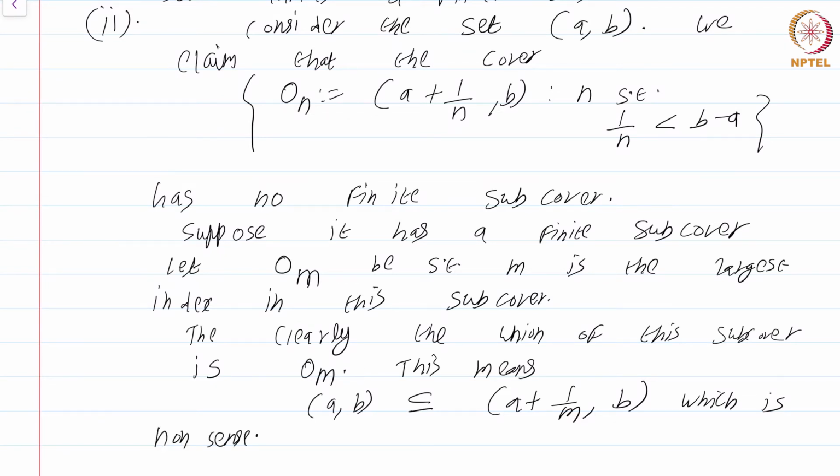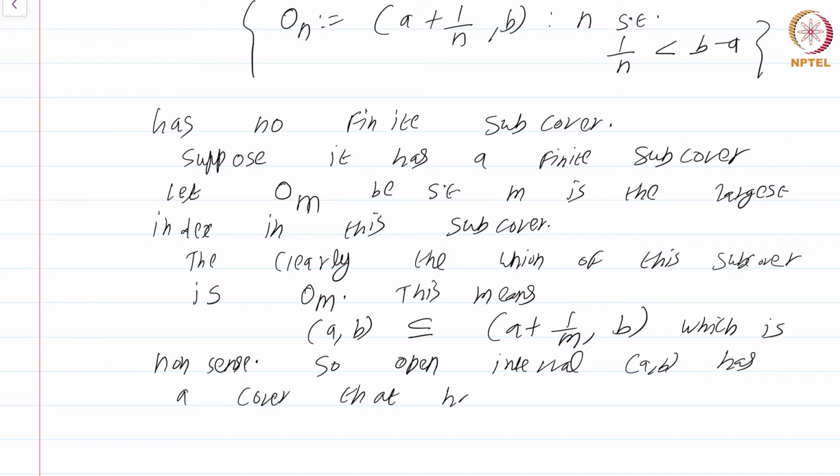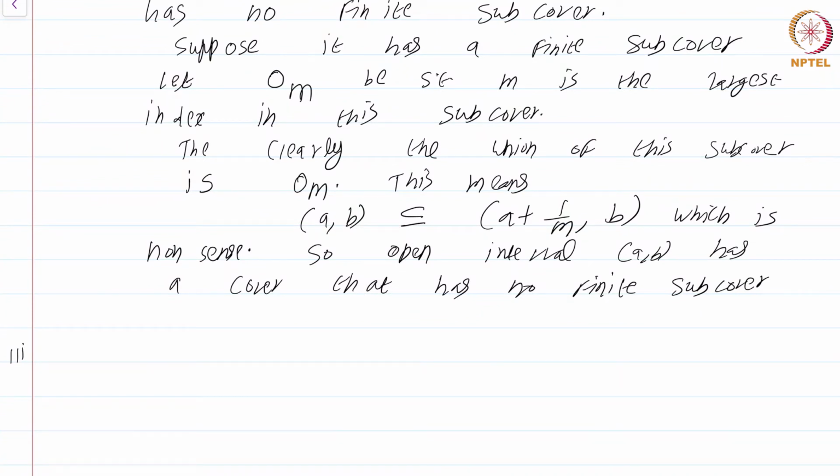So the open interval (a, b) has a cover that has no finite subcover. Okay. Now, third example, let S, a subset of R, be an unbounded set.